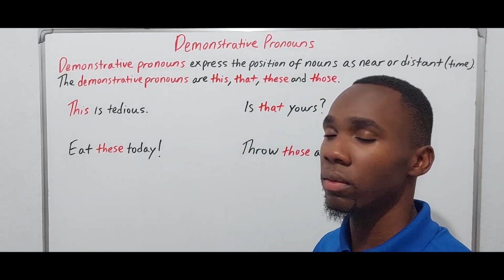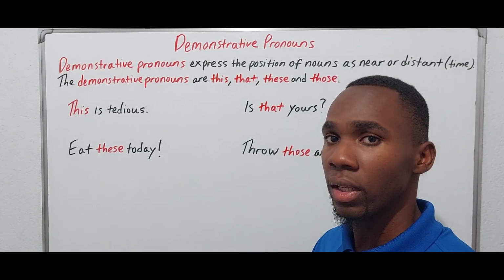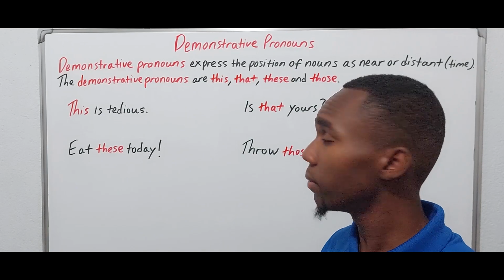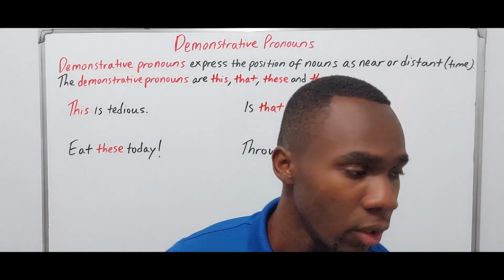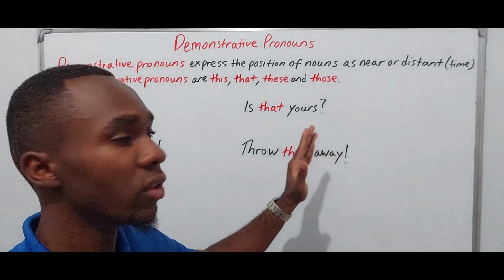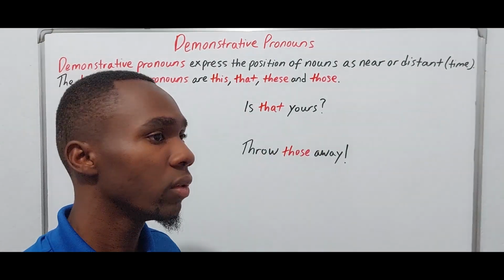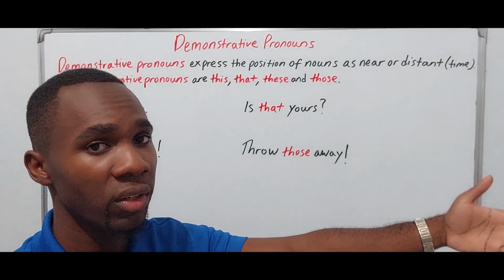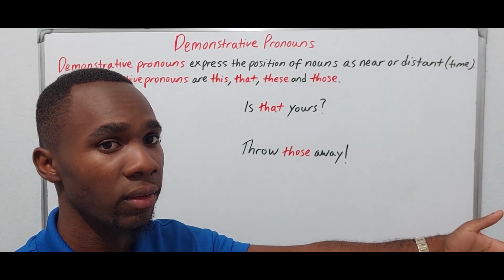So this would show that the objects are close to the speaker. All right. Now let's look over here. This is the question, of course. Is that yours? So that means that it is farther away from the speaker, right?